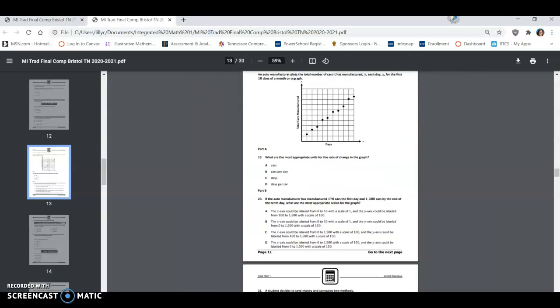So if you look at the graph here, it tells us that the days are 0, so this is day 1, 2, 3, up to day 10. The days go by 0 to 10. It already said that. And then it says the auto manufacturer did 170 cars the first day. So on day 1, that was 170.